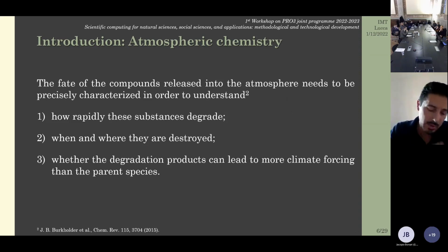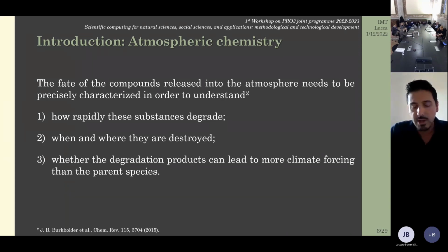The second aspect that we need to consider is the reactivity, or better, the degradation mechanisms of the pollutants once introduced in the atmosphere, and we need to understand this in order to know how rapidly these substances degrade, when and where they are destroyed.